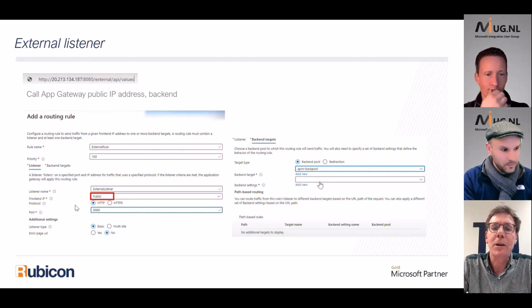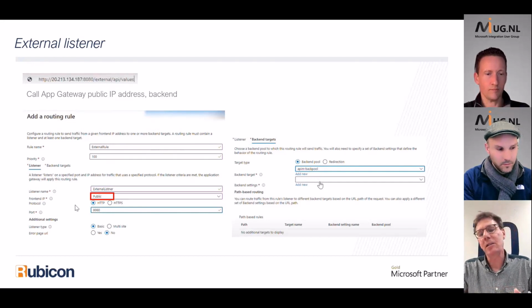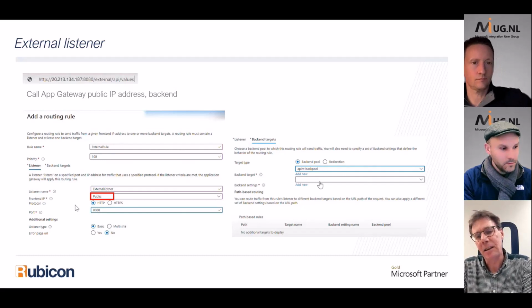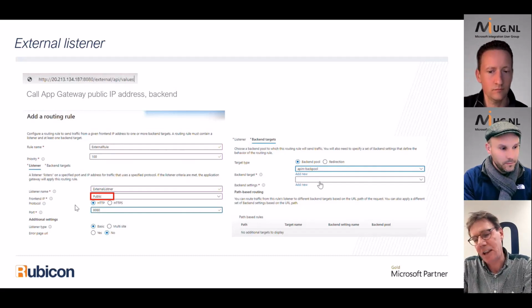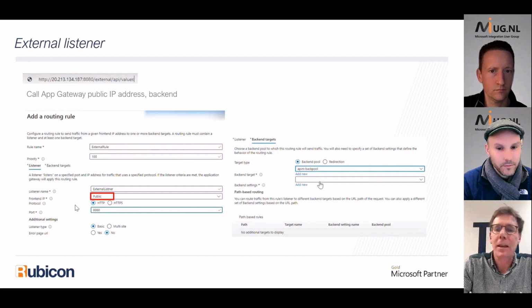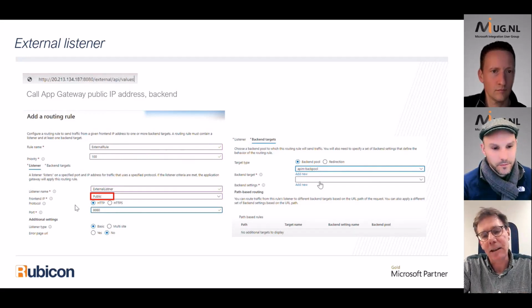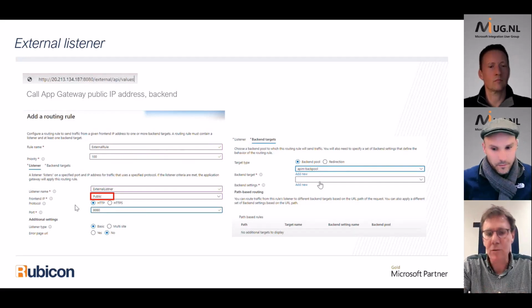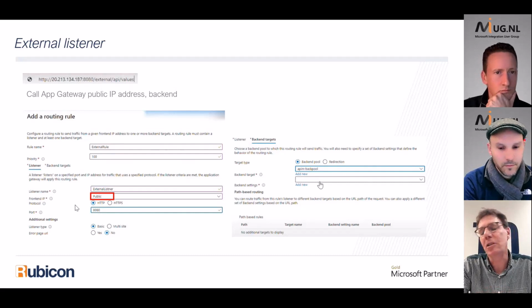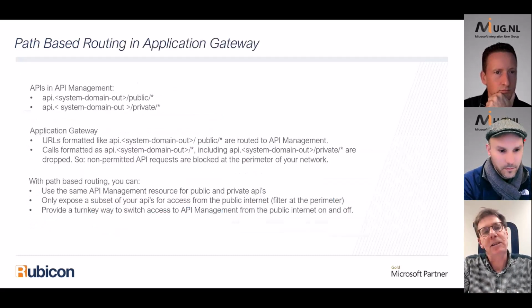For the backend target, we can specify the backend pool and the backend settings. The backend settings are actually the protocol and the port, and the backend pool is what I told, the API management gateway. Finally, in the bottom right corner, we see path-based rules. And that's actually the next slide.